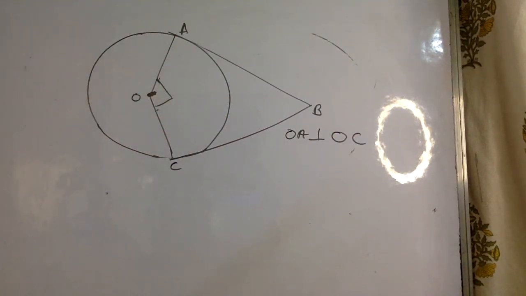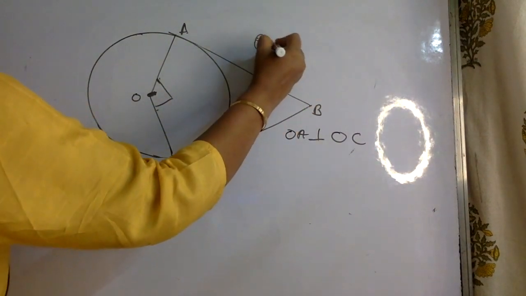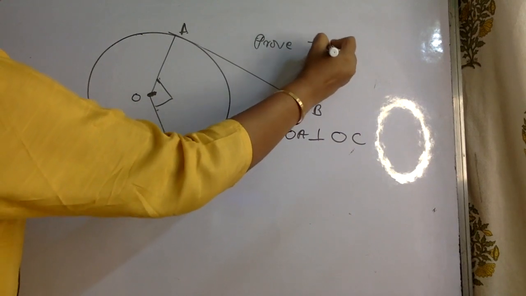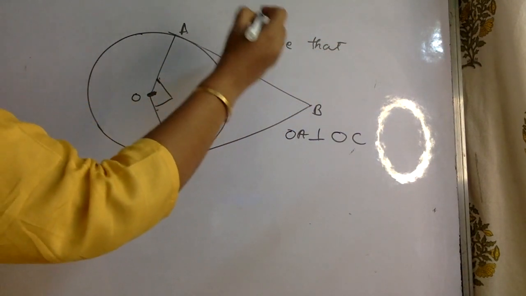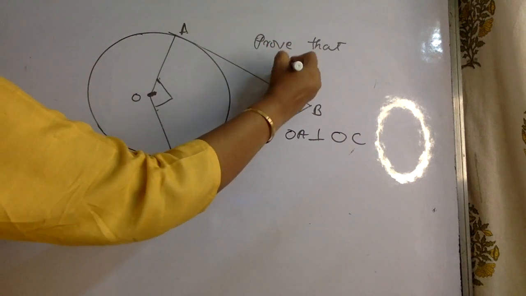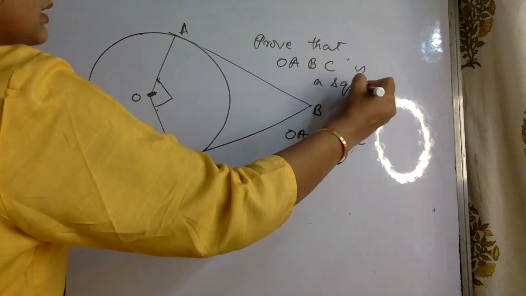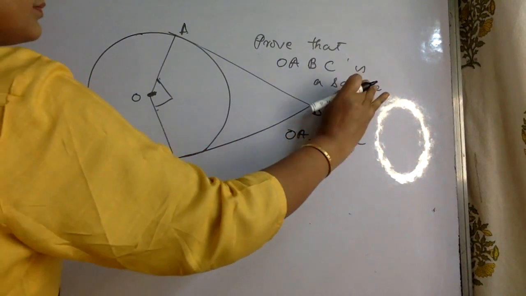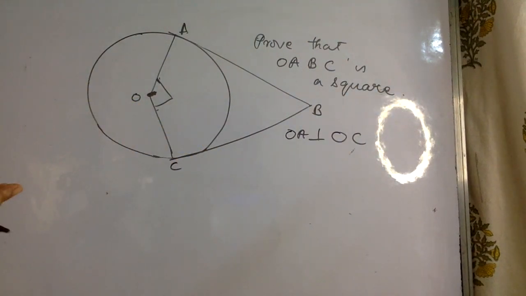Now we have to prove that OABC is a square. This is what they are asking us to prove.